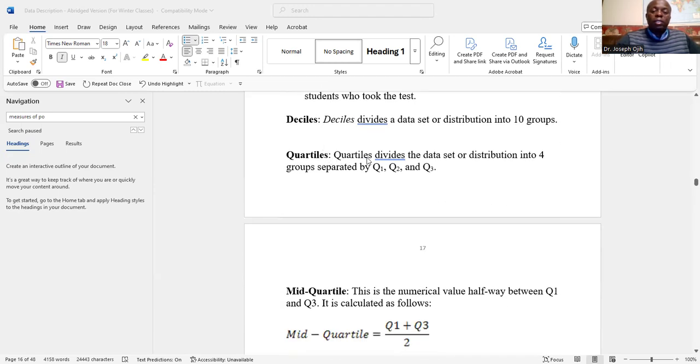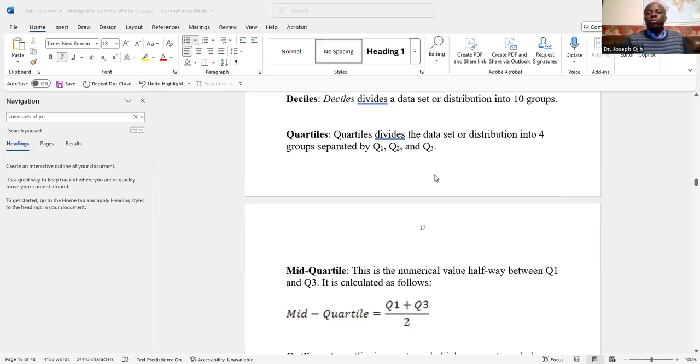Quartiles divide the data set into 4 groups separated by Q1, Q2, and Q3. I'm sure you must have heard of some. What will give you an idea of what quartile is? In America, publicly traded companies, big corporations like Walmart and Apple, are required to report their profits quarterly, every quarter.